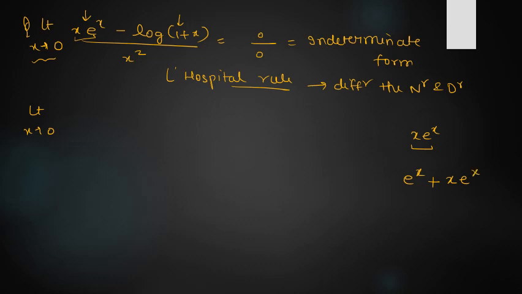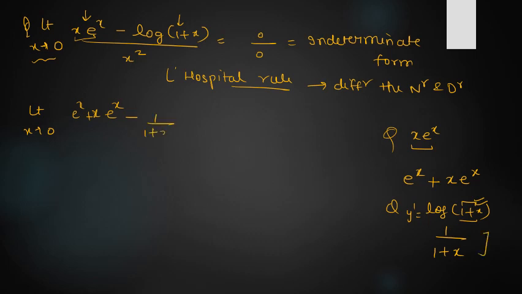So this is your first part, e raised to power x plus x e raised to power x, minus, for log 1 plus x, you have to do the derivative of log something, so 1 by x, and whatever you have assumed as per the chain rule, this is x, so the derivative of 1 plus x is 1. So this is your answer, 1 by 1 plus x, divided by the derivative of x square, which will be 2x, correct?